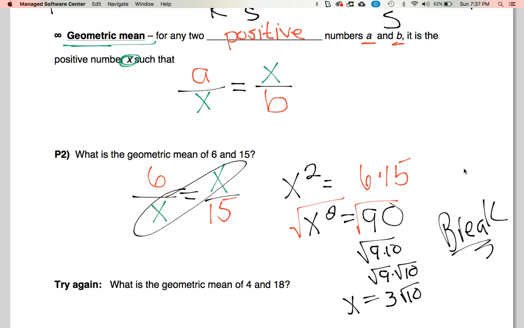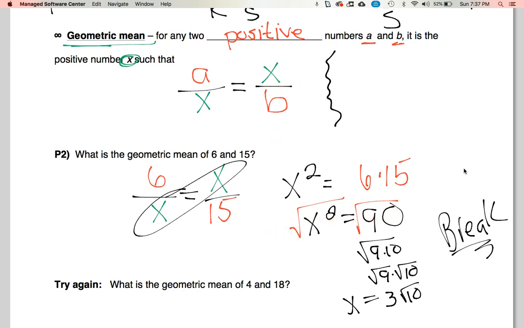Remember, geometric mean is this proportion where we have this geometric mean showing up in the denominator here, numerator here, and that causes this to be quadratic. And really, there's another way to write this geometric mean. We can go here and then just write it as such.